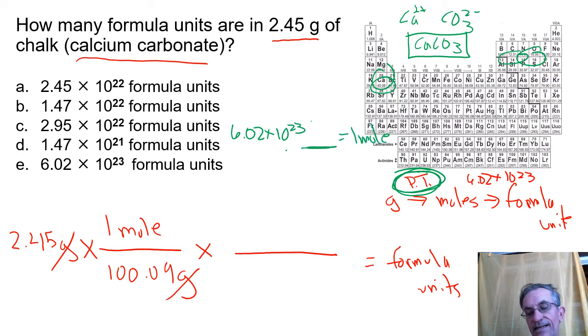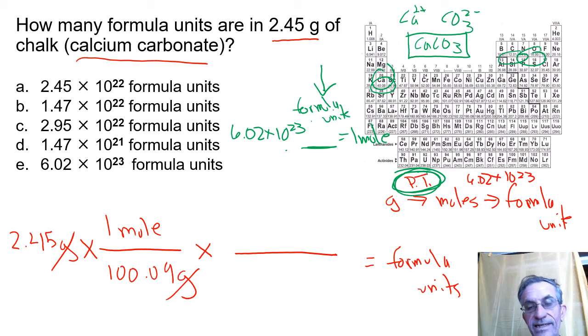And next to Avogadro's number, sometimes you write atoms, sometimes you write molecules. We are going to say formula units. So there's 3 options in that blank. Right here, there's 3 things you might write. Depends on the kind of substance. Right now, we're going to be writing formula units because this is an ionic compound. So we'll write formula units here.